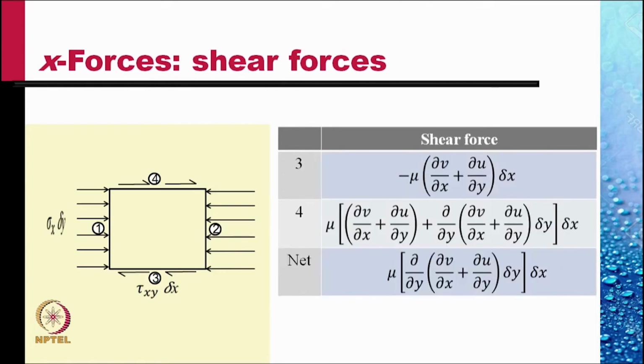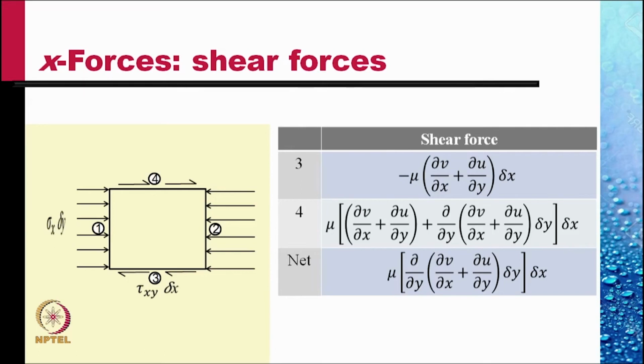Similarly, the shear forces on surface 3, the bottom surface, the shear forces to the left, the shear stress tau xy by Newton's law is mu times del v by del x plus del u by del y, multiplied by the area del x into 1, and minus sign because it is towards the left.